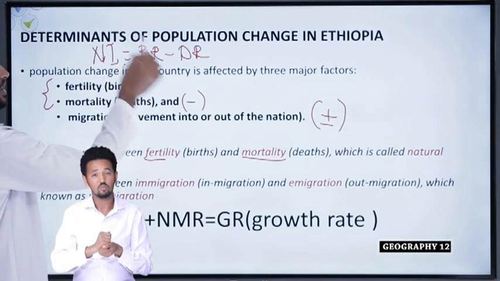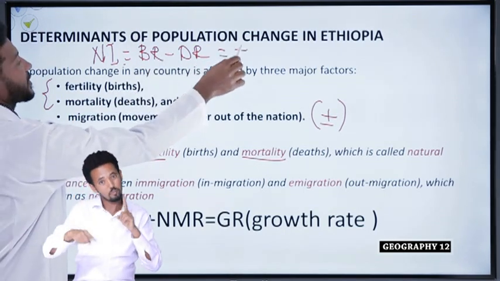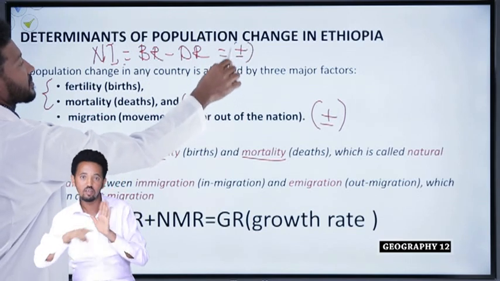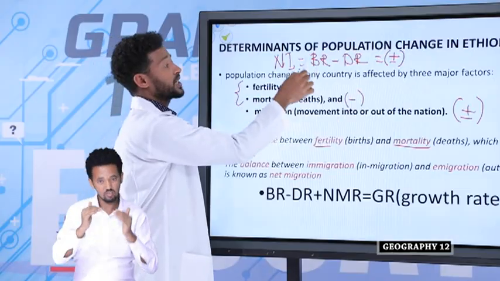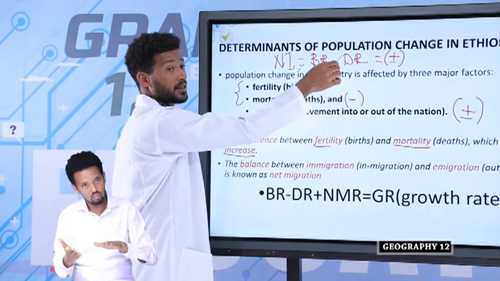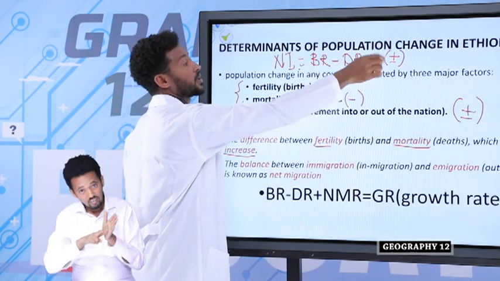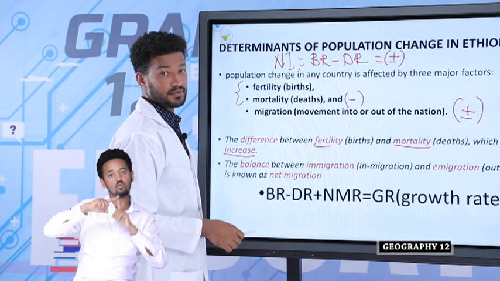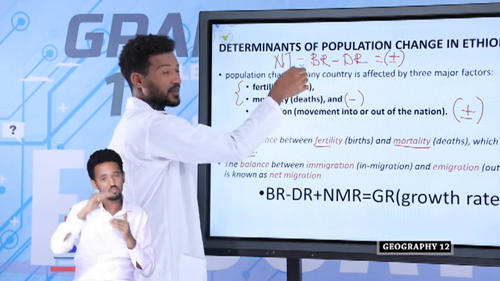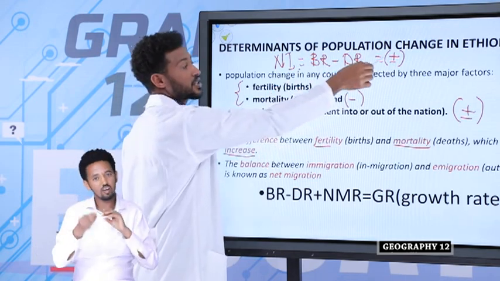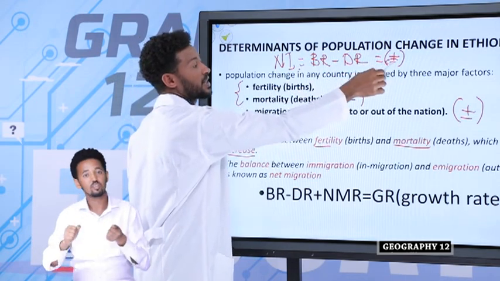The result can be positive or negative. If the amount of births is greater than the amount of deaths, the result will be positive. But if the death rate is greater than the birth rate, the change of population is going to be negative.